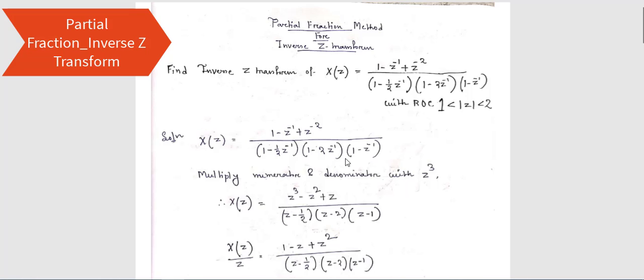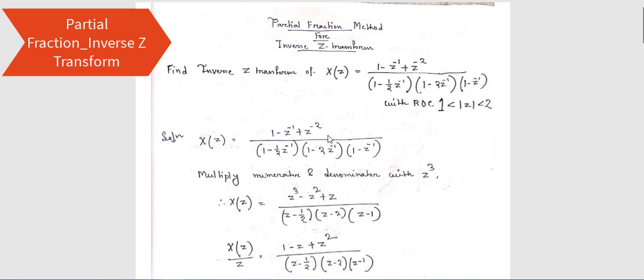Now see here, in the numerator part and denominator part there are some inverse powers of z. You can simplify this function by multiplying by z cube in the numerator as well as the denominator. You can ask why I choose z cube, why not z, why not z square. Here the highest power of z in the denominator part is z to the power minus 3, and in the numerator part the highest power is z to the power minus 2.